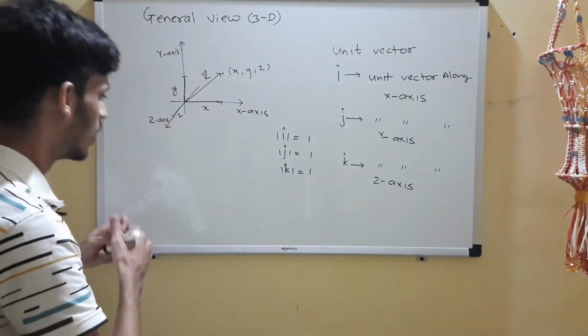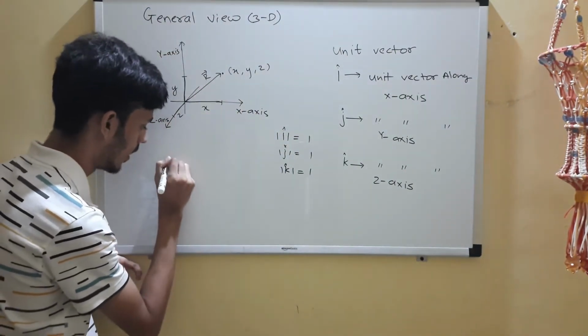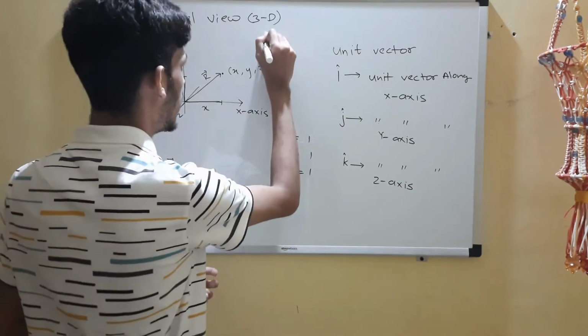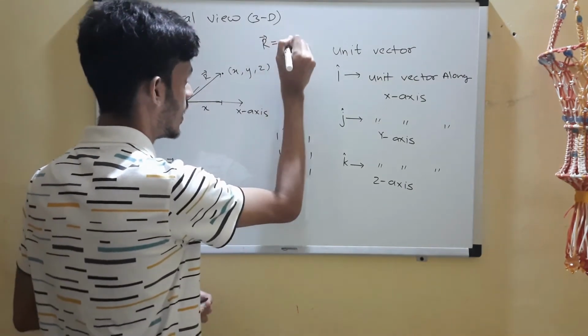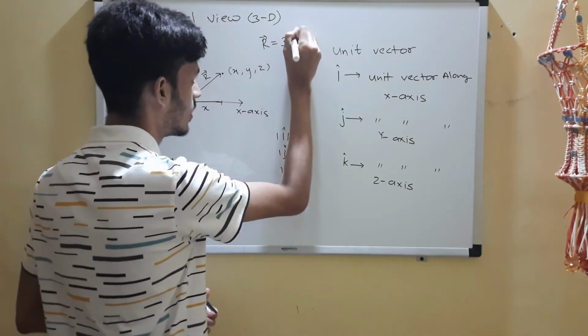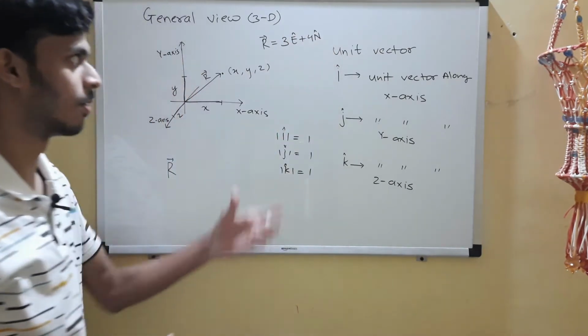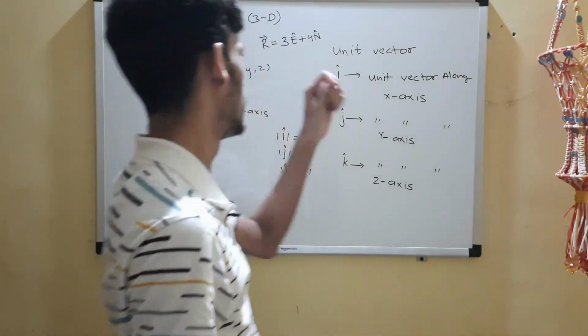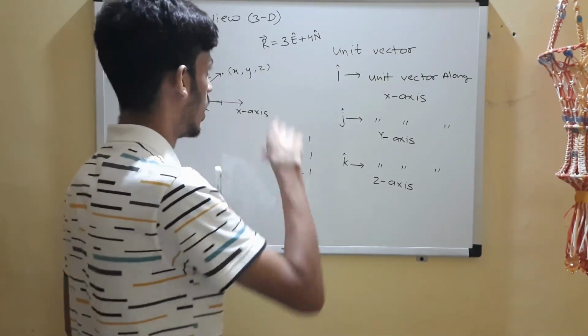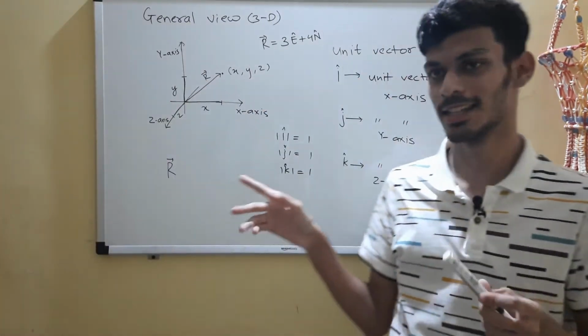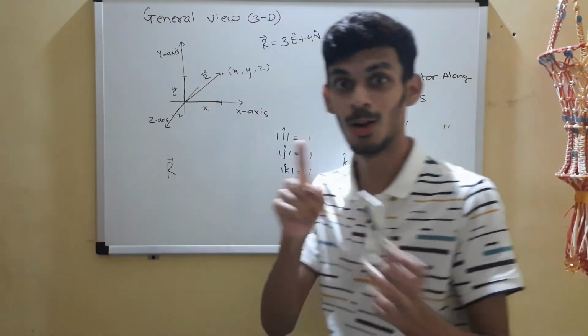So how to represent this r vector now? In the previous case, you remember we said 3 in the east direction and 4 in the north direction. We used this logic. Now how do we reach xyz in this case? Walk the distance x along the x-axis.